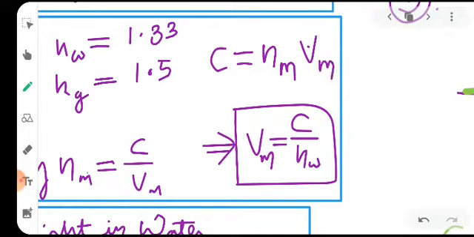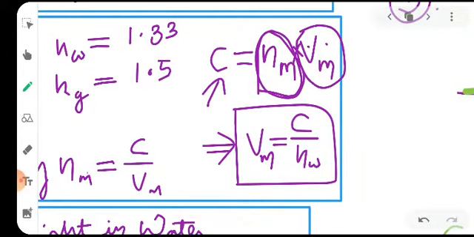So refractive index is another way defined as a factor that connects the velocity of light in the medium and the speed of light in vacuum. It says the speed of light in vacuum is this much times the speed of light in the medium.